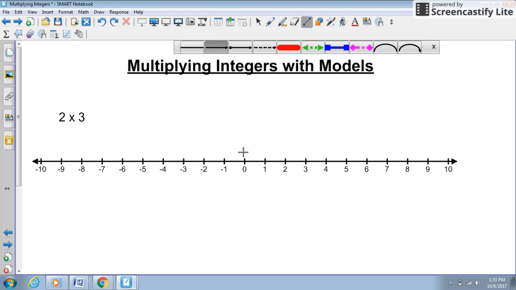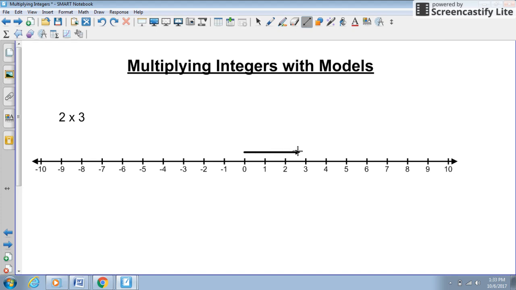So I'm going to go 0 to 3. That's one group. And I have to create one more. So I'm going to go 1, 2, 3. That's a second group, and I'm going to stop at 6. And there's my model. I went to the right because my numbers were positive.